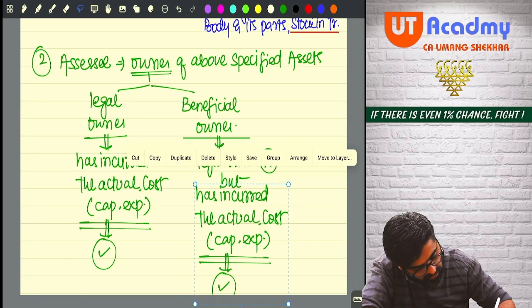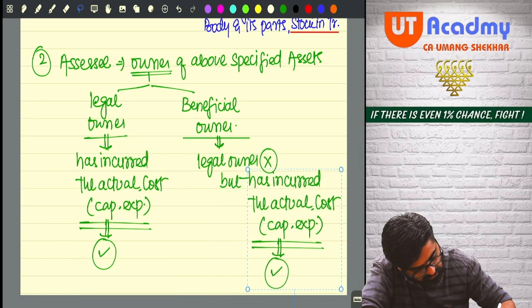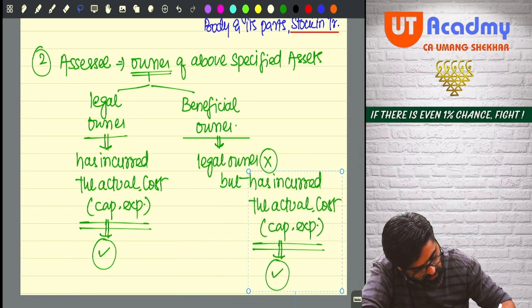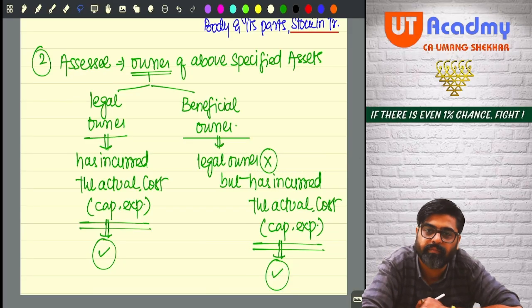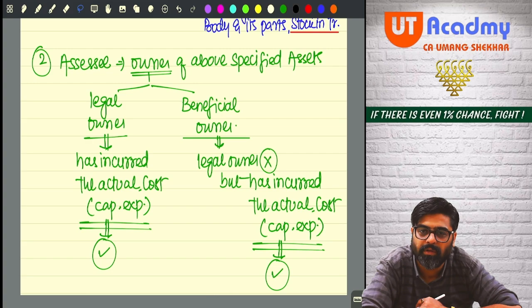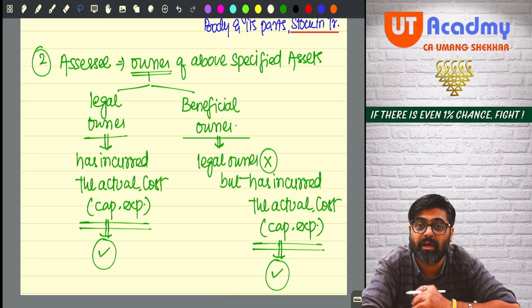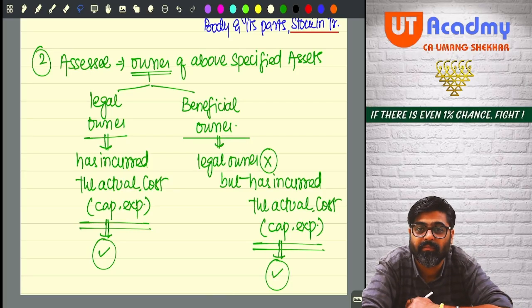Sir, what do you mean by this? Merely the documents, title deeds or registration deeds are not registered on your name, but the cost is incurred by you only.